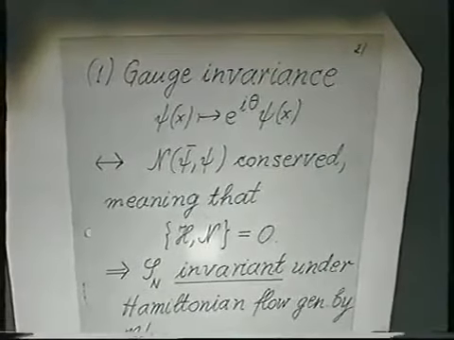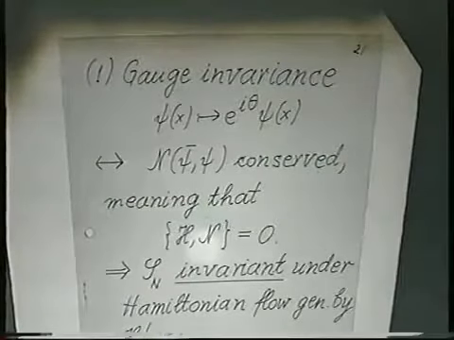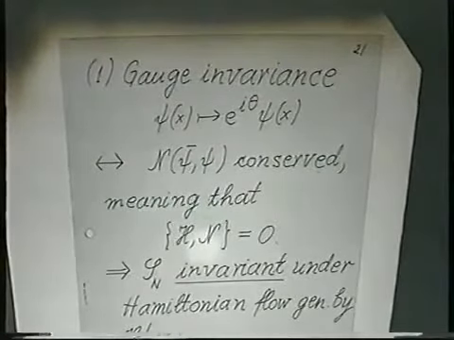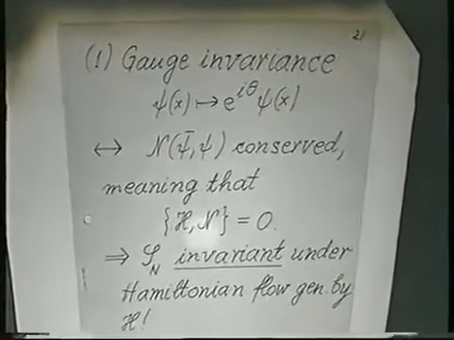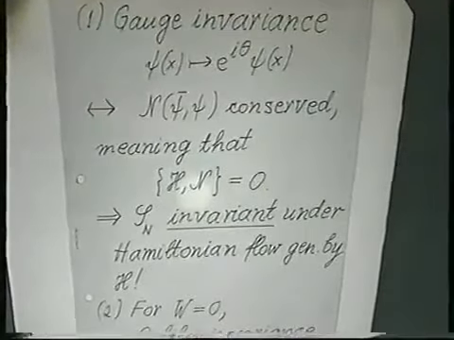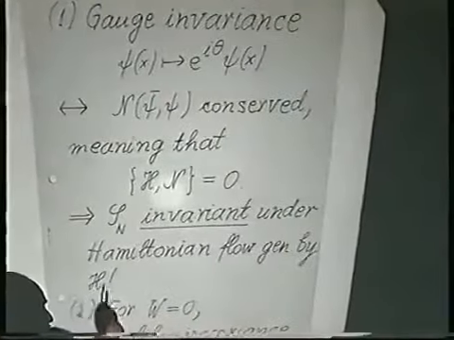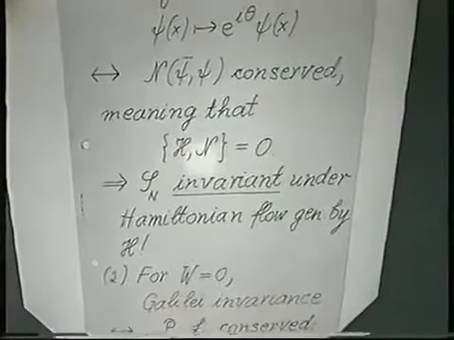Therefore, n of psi bar, psi, which is the L2 norm squared of psi, is a conserved quantity. And of course, you check immediately the Poisson bracket between h and n really vanishes. So that means that these spheres S_n, which we introduced here, are invariant under the Hamiltonian flow generated by the Hamiltonian vector field corresponding to h.